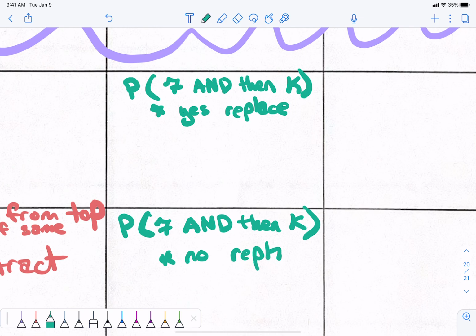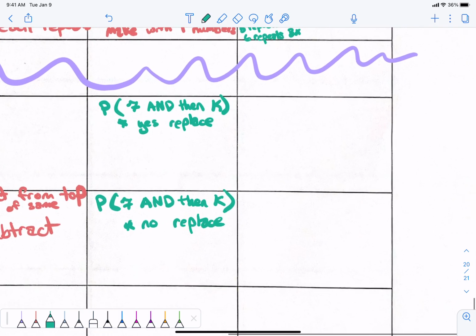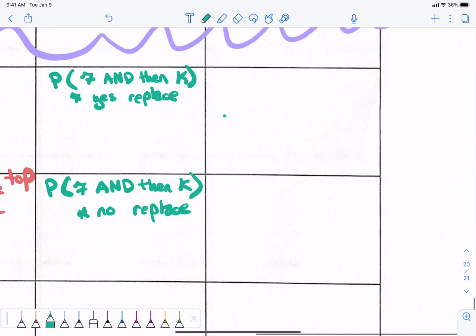Are you writing this in the second to last box? I should have moved him down a little ways because we're going to solve it over. You can take up that whole box to write that information down. Seven and then a king. Yes, replace, no replace. We'll do these both at the same time.